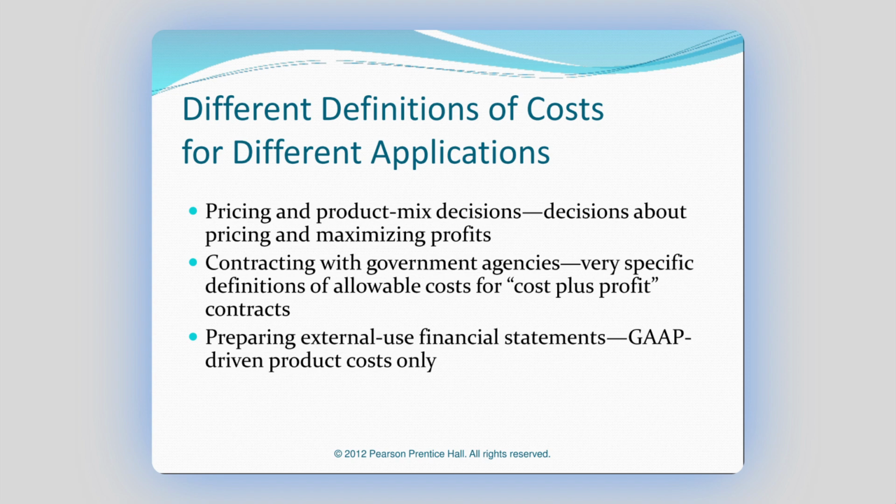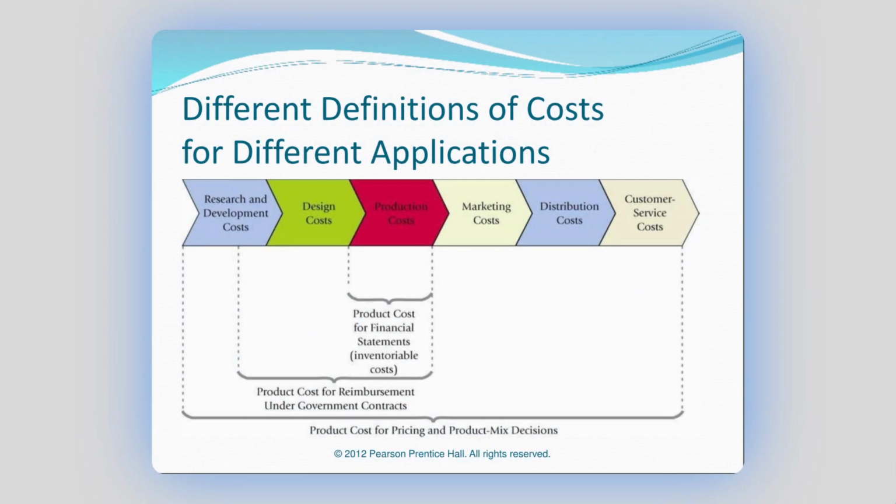And the last one is to prepare external use financial statements or GAAP driven cost policy. Okay? So, ito yung sample natin. No? So, research and development, you have design cost. So, ibig sabihin, from the R&D to the common service, ang tawag ng class ay product cost for pricing and product line. Okay? So, when you have your research and development, design cost, production cost, that would be the product cost for reimbursement or other government contracts. So, ganun lang, no? Okay?